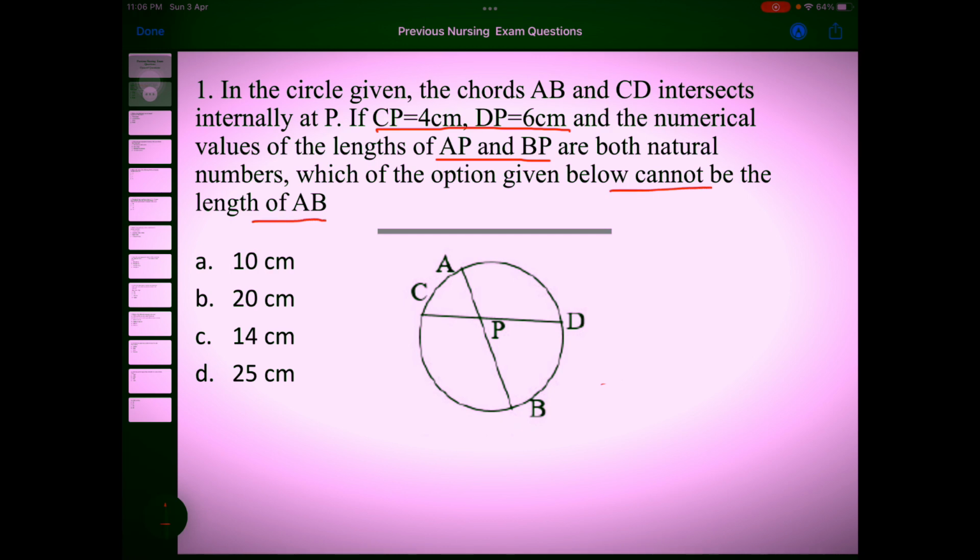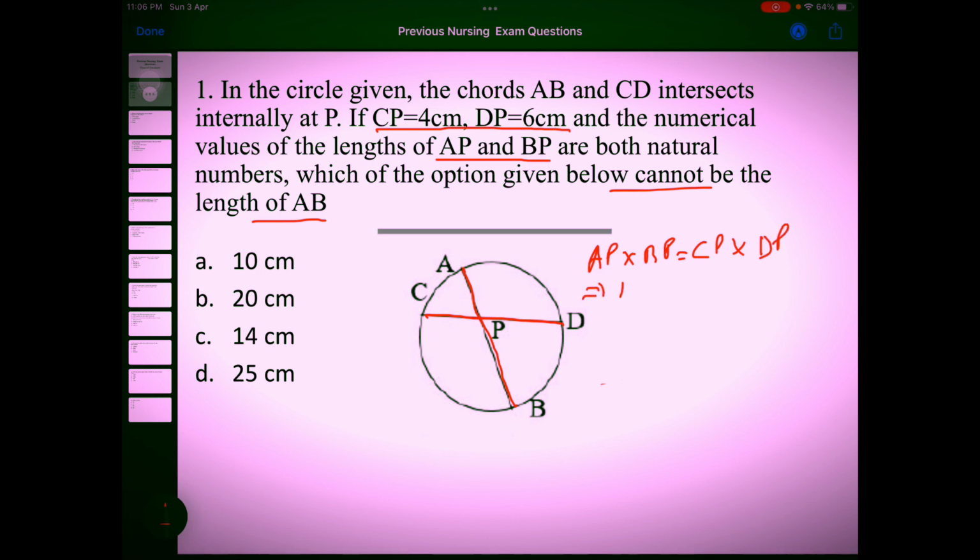So here in this question, the diagram is a circle with intersecting chords. If any chords AB and CD intersect inside the circle at point P, the formula will be AP multiplied by BP is equal to CP multiplied by DP.